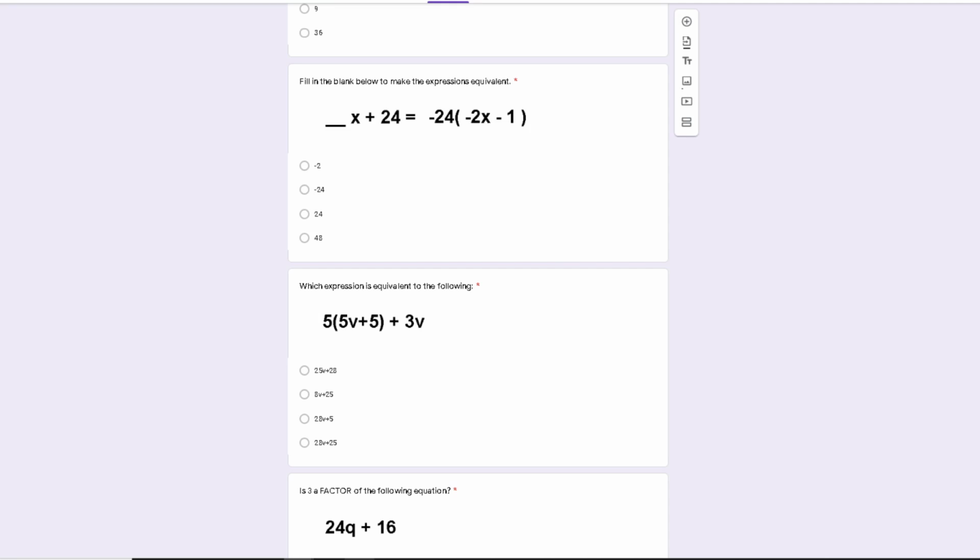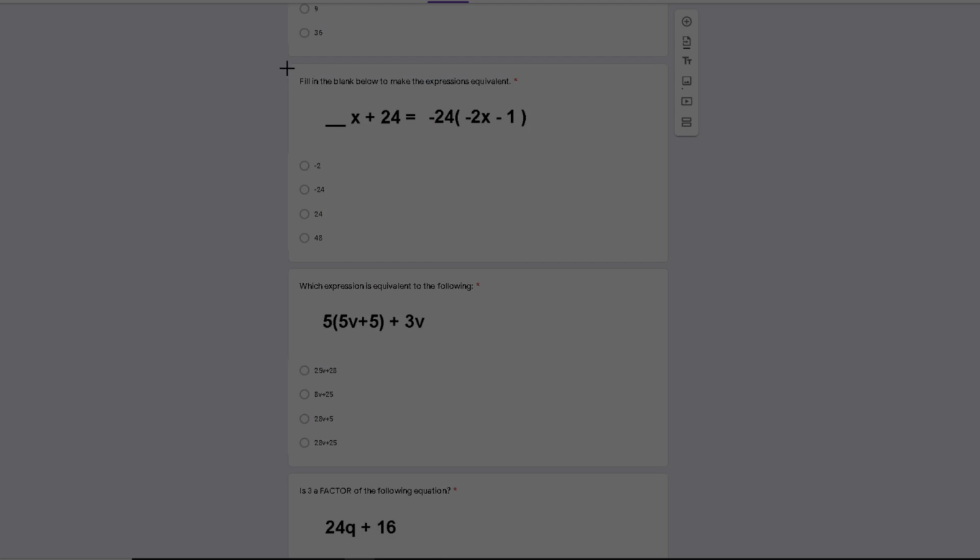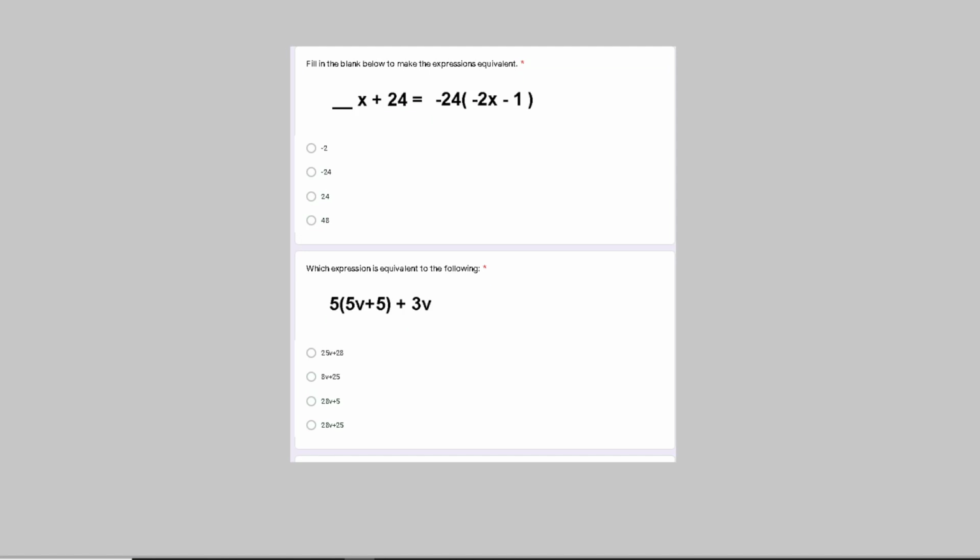Alright, so we're getting to the home stretch here. So this one was a little trickier because there's negatives. So we need to find out what goes here. To do that, you can just distribute this negative 24 times the negative 2.